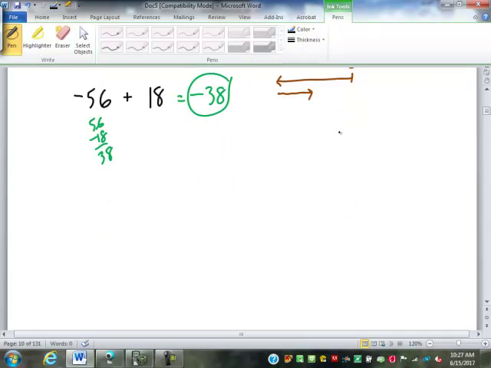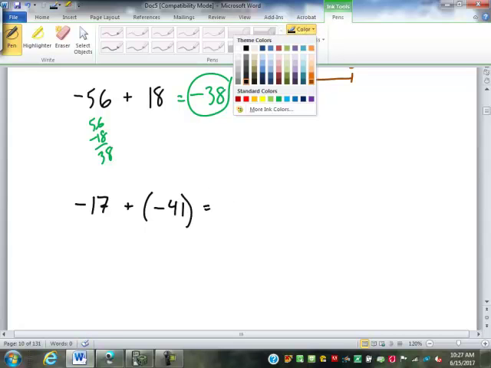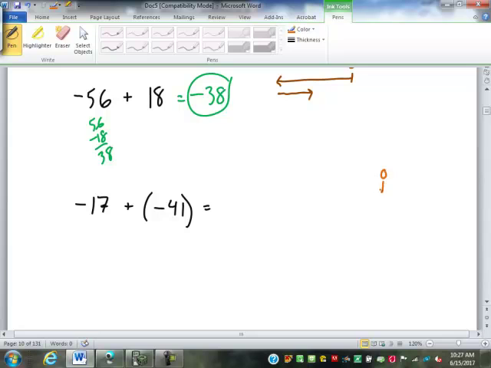Or we might have negative 17 plus a negative 41. So we go to draw that picture. We start at 0. Negative 17 goes left, or negative. Negative 41, same or opposite? Same.